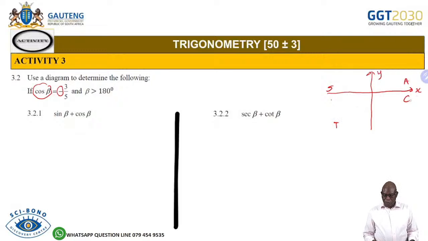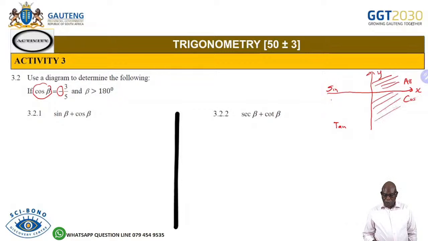I know that the cos here is positive; all of them are positive. Sine is positive, tan is positive there. Now, what am I given? I'm given that the cos is negative, meaning that my diagram cannot be in this quadrant. My diagram cannot be in this quadrant.